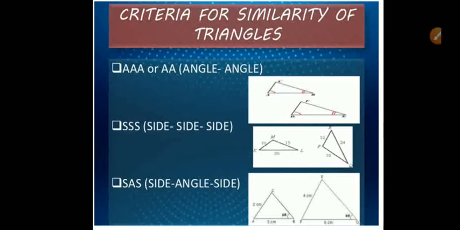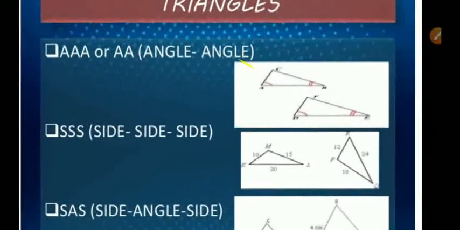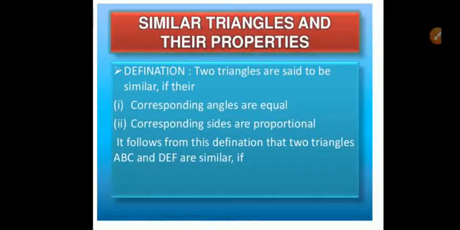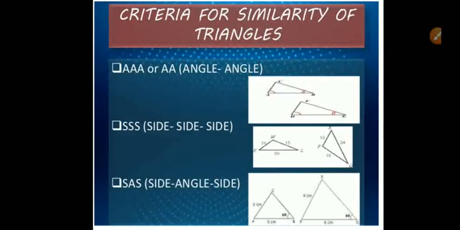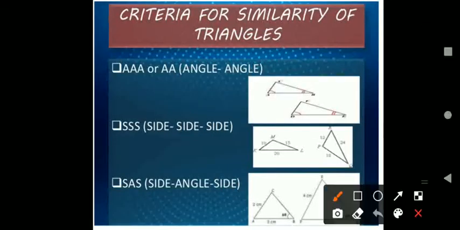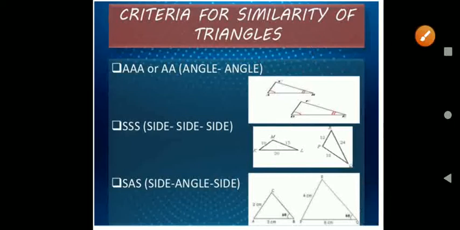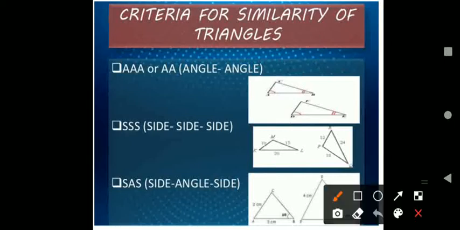See the figures here. For the AA criterion, you can consider the congruent angles. Now see the corresponding angles here. This angle, both are corresponding angles.